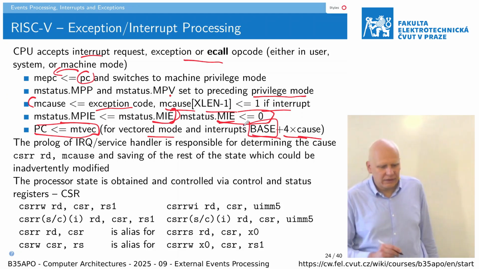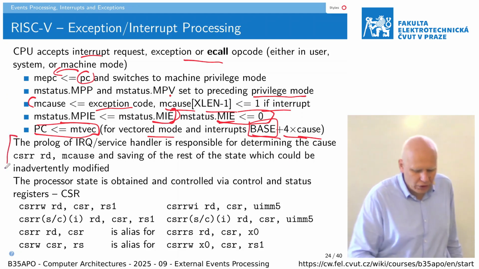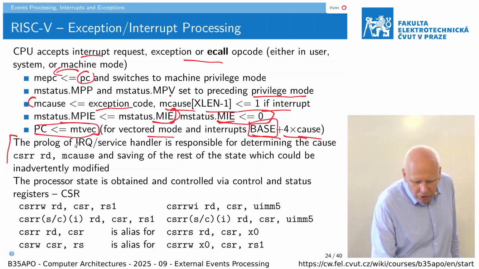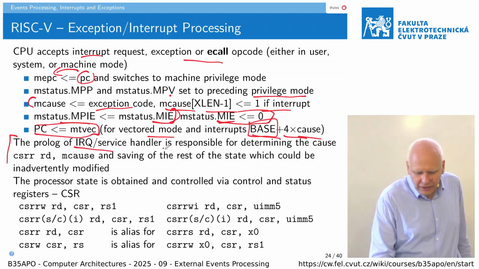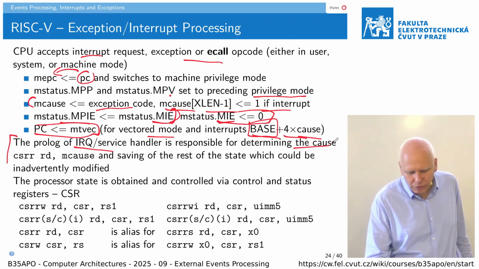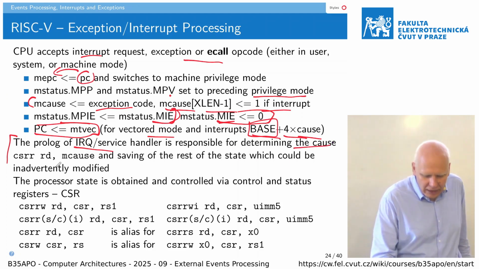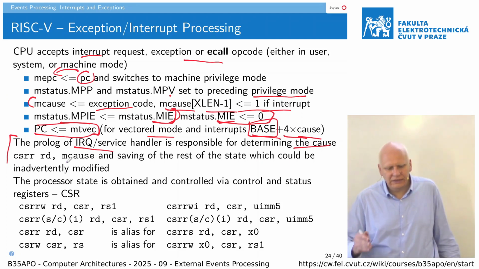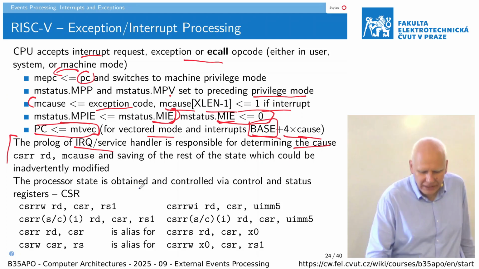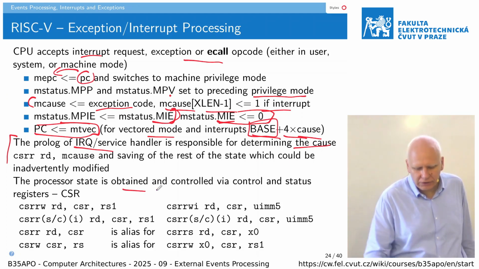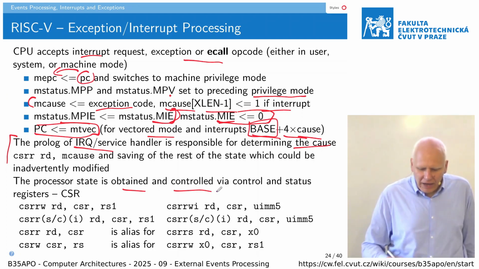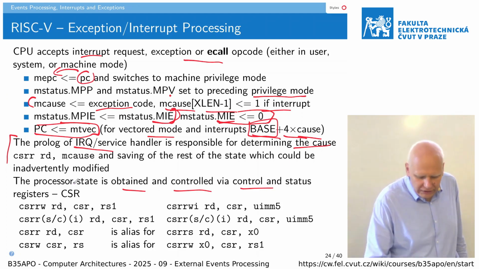And then the actual execution of the interrupt routine starts, and the prologue of this interrupt service handler is responsible for determining the cause, and it can test and obtain the state of the processor and control the state by accesses to the control and status registers.